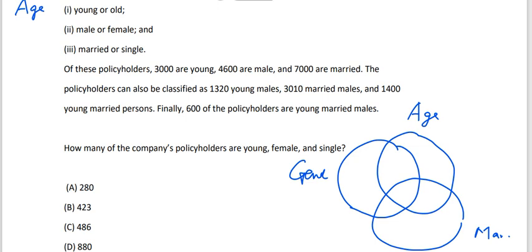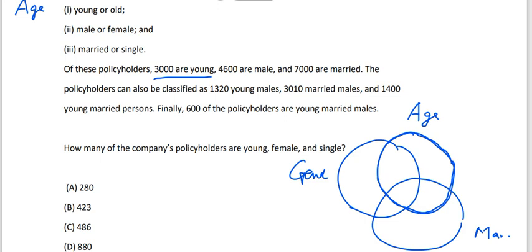Let's say 3,000 are young. For age, we have 2 parts, young or old.